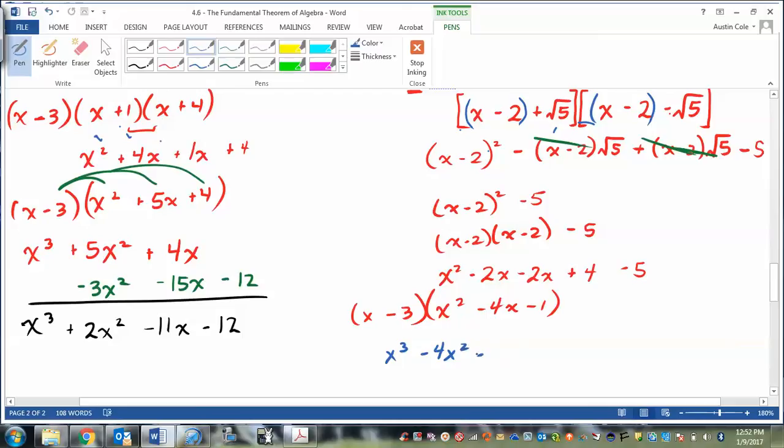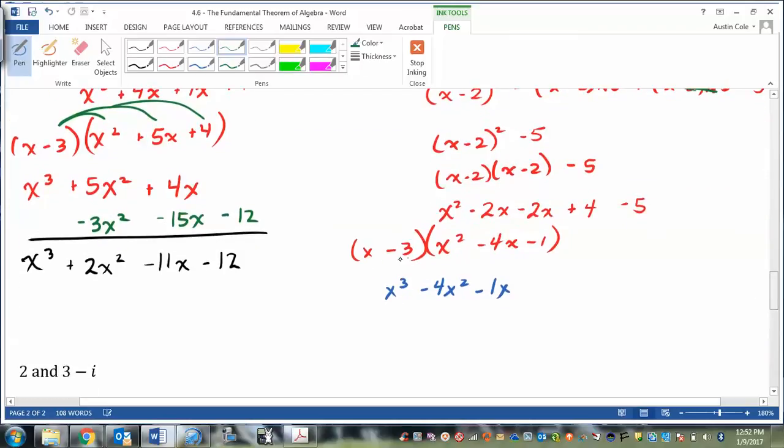X times negative 1 is negative 1x. Now I'm going to take negative 3 times those. Negative 3 times x squared is negative 3x squared. Negative 3 times negative 4x is positive 12x. Negative 3 times negative 1 is positive 3.